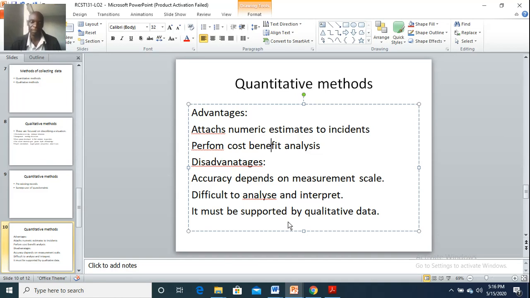That's the main quantitative method of collecting data. But it falls short of accuracy sometimes, and is difficult to interpret. Not everyone understands statistics, because when we're talking about quantitative, we're talking about statistical analysis. So not everyone can use that.